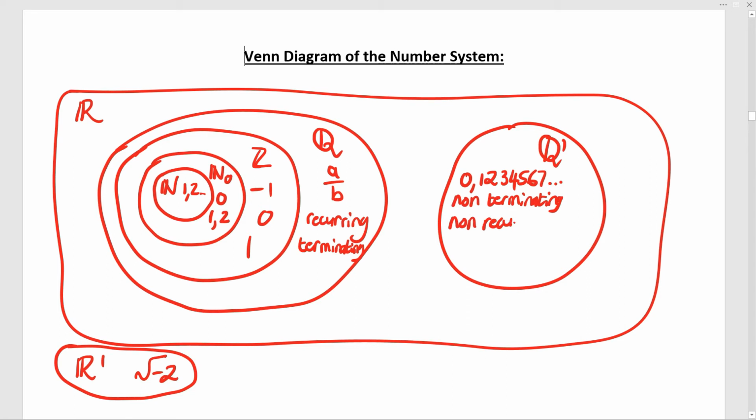Okay, and also in that category would be things like the square root of 2, or maybe the cube root of 7, and so on. I hope that helps you understand how to categorize the different kinds of numbers that we get.